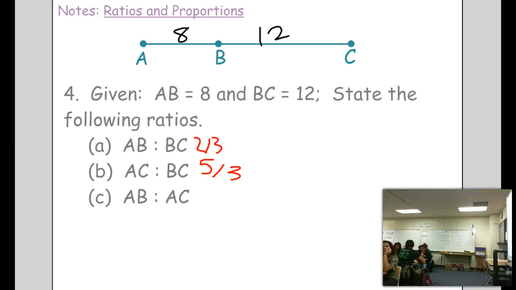Okay, so what's AB, Omar? 8. What's AC? 20. So then you just go to your calculator and you do 8 divided by 20.